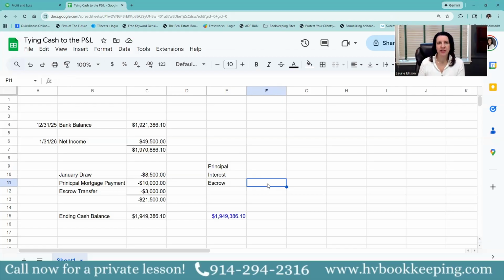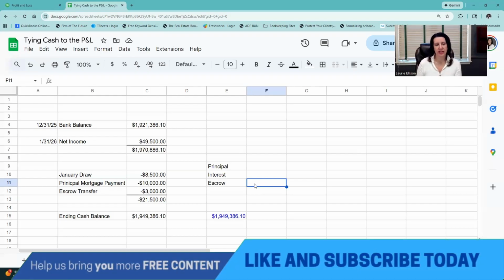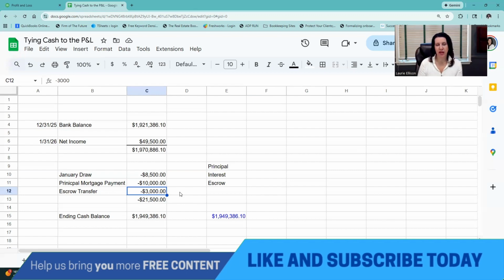So the escrow is money that's technically yours, and we call it a balance sheet transfer. So in this case, this $3,000 leaves the Chase checking, and it goes into a bank account of your money that you have no control over. But we treat that escrow account as basically a regular bank account.